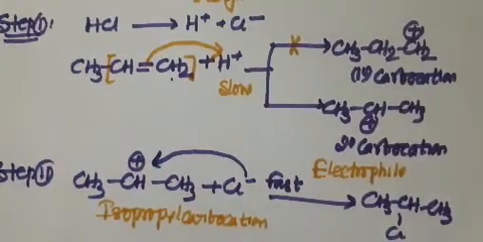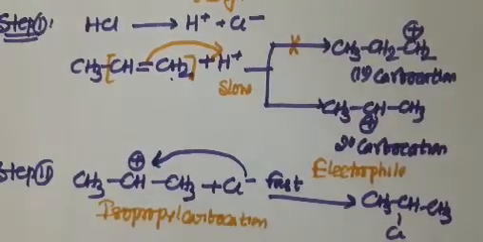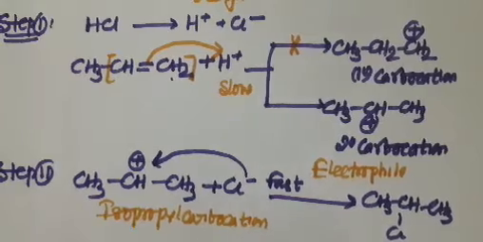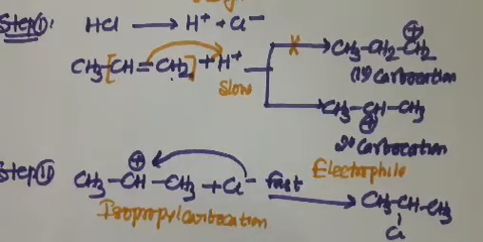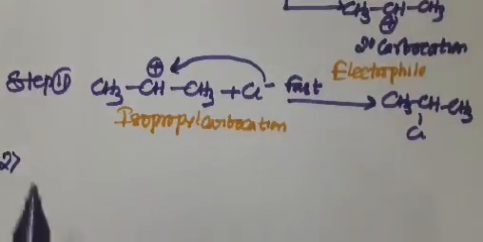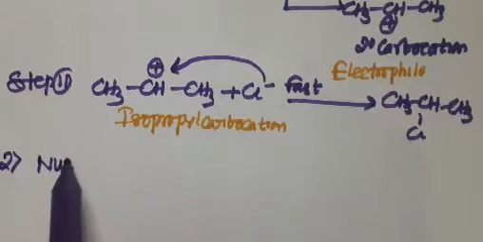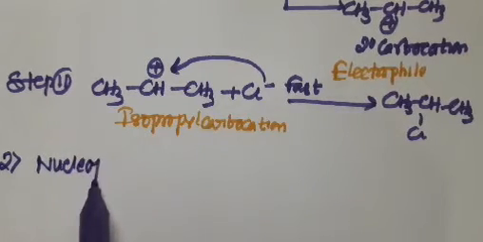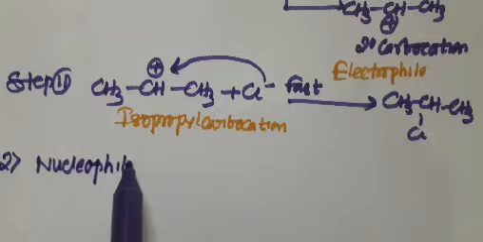So, the electrophilic addition reactions are those which are carried out by the help of electrophile and mainly shown by the unsaturated compound, and after the reaction they form the saturated compound. Now we will discuss another type of it, nucleophilic addition reaction.